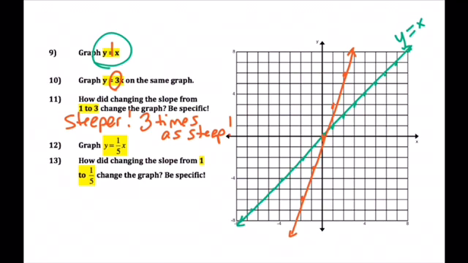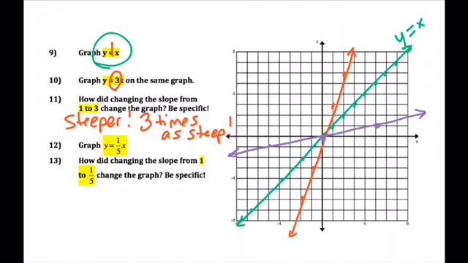So if you think about climbing up the hill, the green one certainly looks a lot easier than the red one. Okay, number 12, we're going to graph y equals 1/5 x. So again, the y-intercept is 0, but I'm going to go up 1 and over 5. That looks like the one I want to climb up. Okay, so we're going to have this not very steep line.